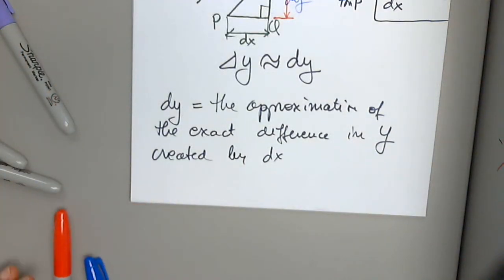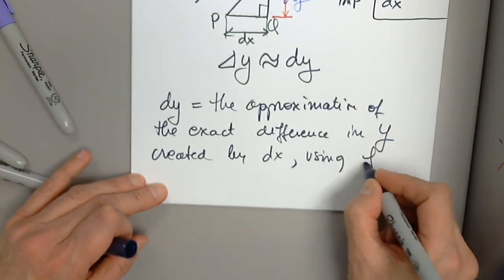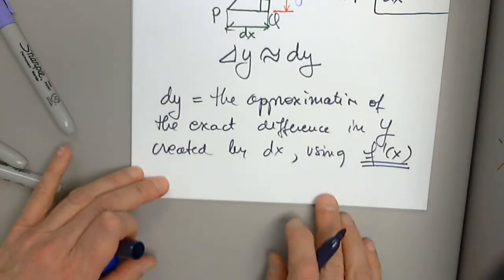It is the approximation of the exact difference. It's not the exact difference created by the x, using f prime of x.